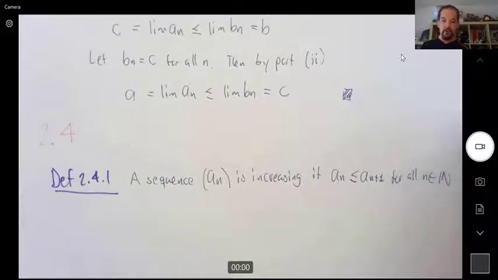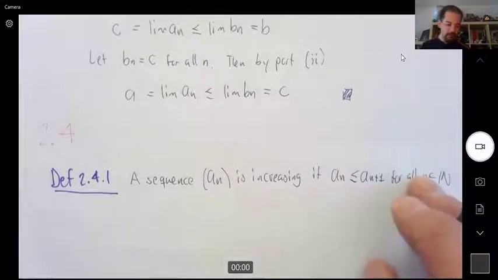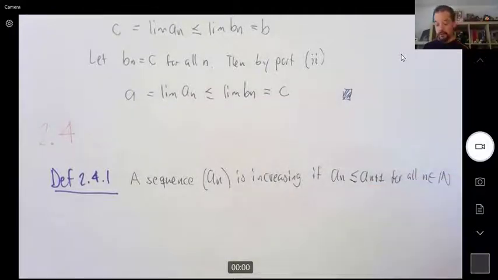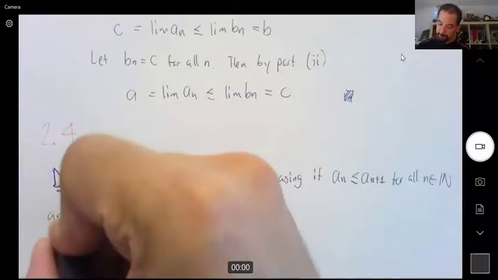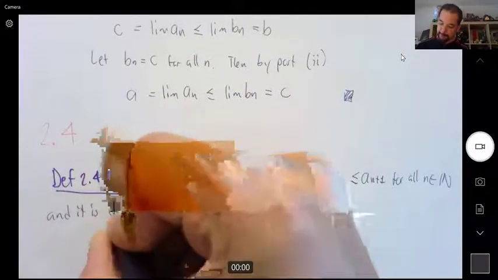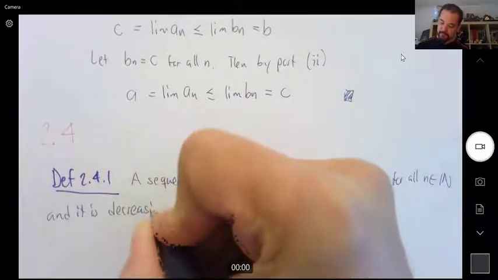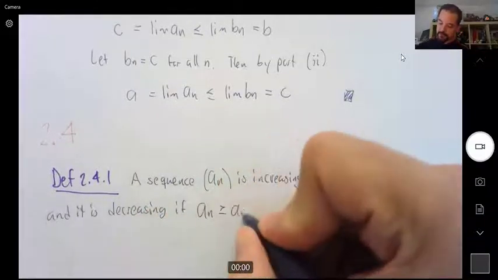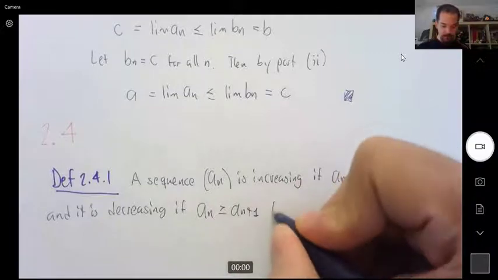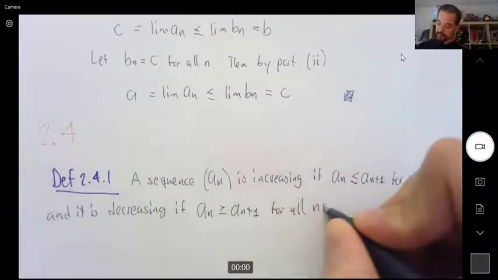So it's okay, as long as you understand whether equality is included or not, there's usually no confusion. All right, and it is decreasing if the opposite inequality happens. If An is greater than or equal to An plus 1 for all n in N.